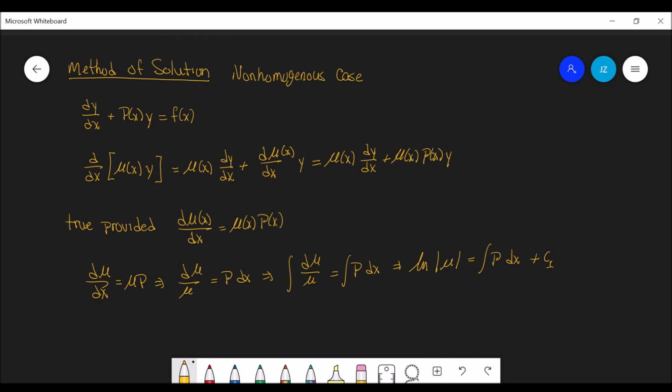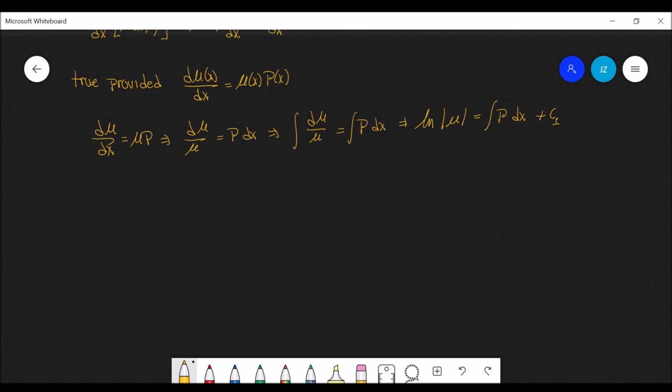So what we find is that μ is equal to some constant e to the integral p dx.